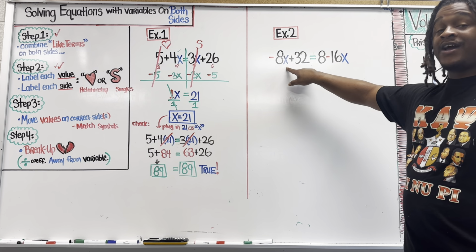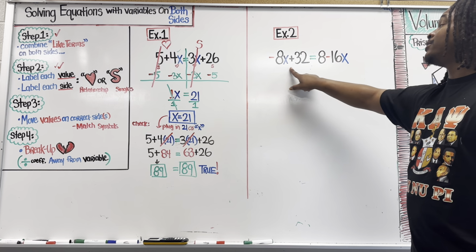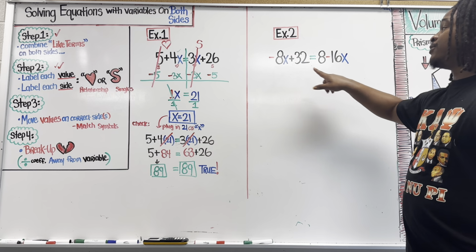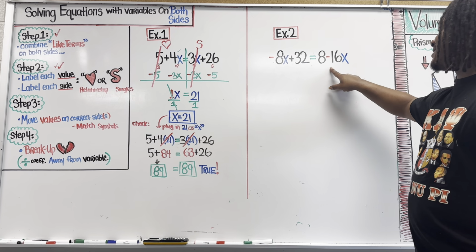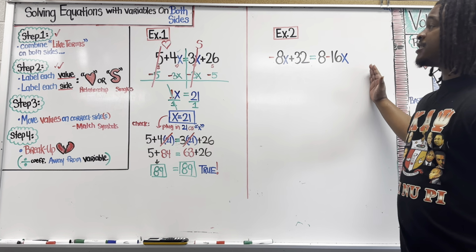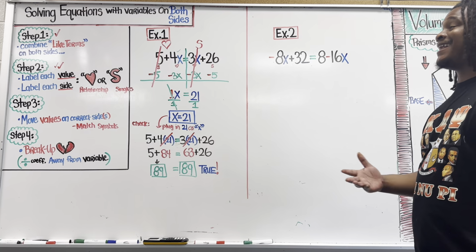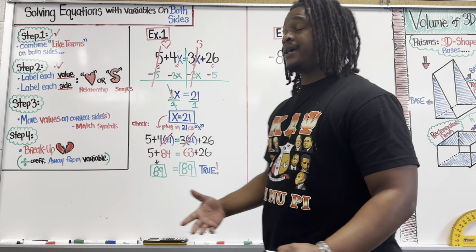There's a particular value x has to be in order to make this whole equation true. In order to make negative 8x plus 32 equal 8 minus 16x, x has to be a particular value, and we're going to find that out by following these 4 simple steps that I've made up.